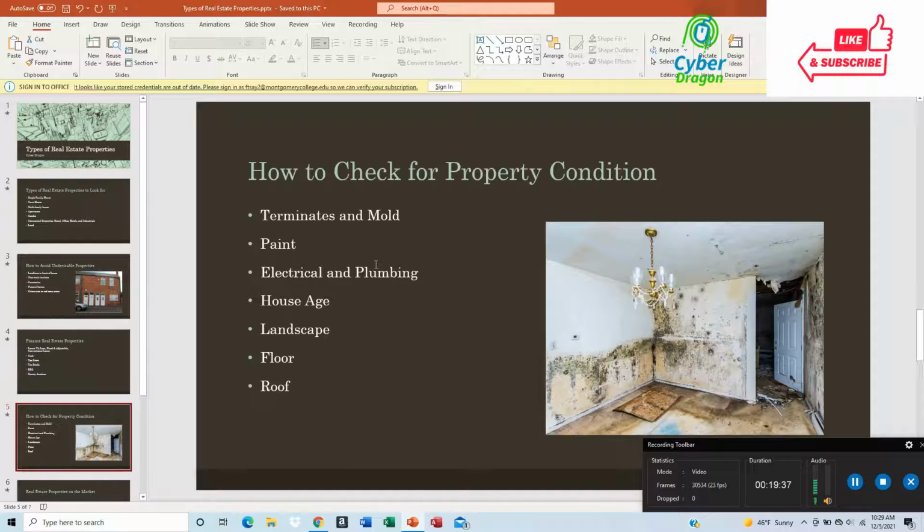And check for electrical and plumbing. Let's say you bought a house in 1980. Electrical was good. Right now it's like 2021. It's 30 years, so some of the electrical would need to be replaced. What needs to be replaced? Outlets, switches, ceiling fans, basic electrical fixtures, and check the breaker box to see if the switches are working.